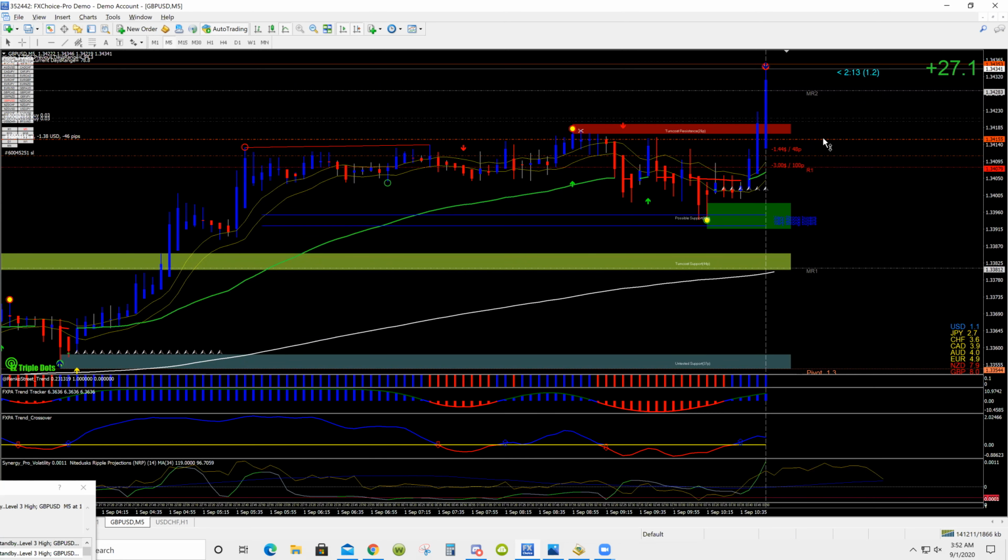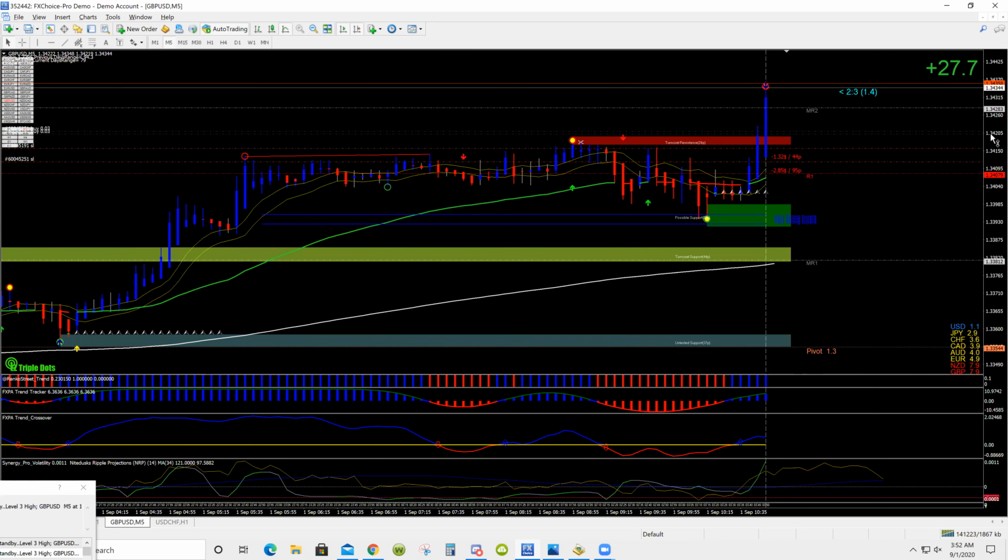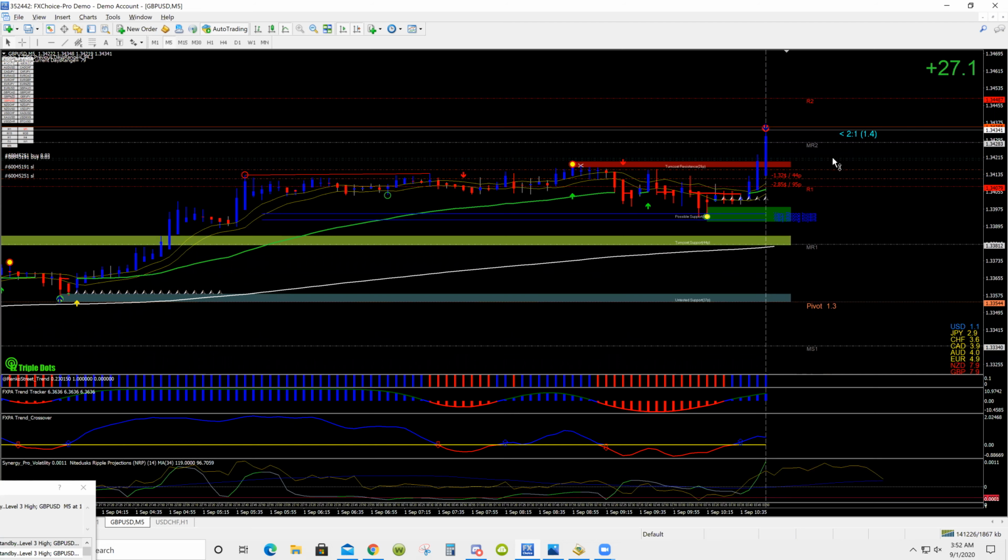Now, what you guys have on the Easy Triple Dot trading system is that it gives you the price and the number of pips on the line. Okay. So my first TP1, let me see here. Which one is this one? Okay, it's that one. So I'm gonna move this.